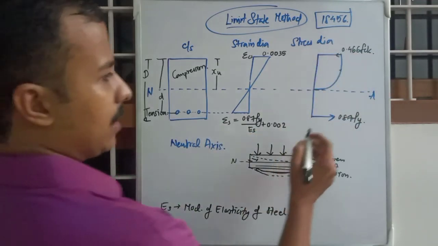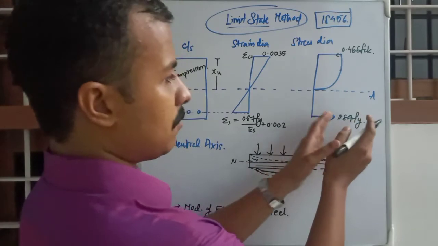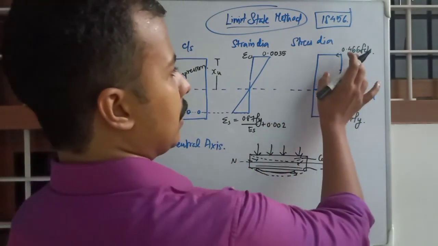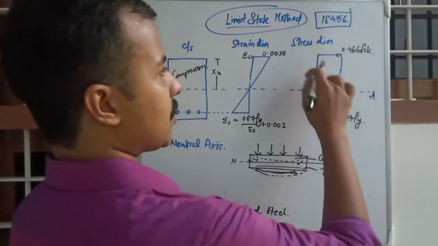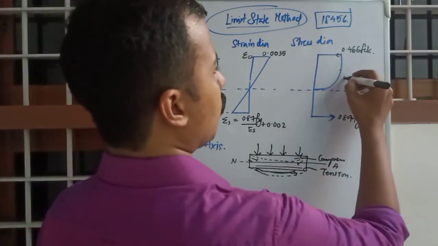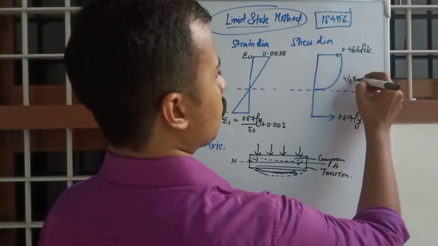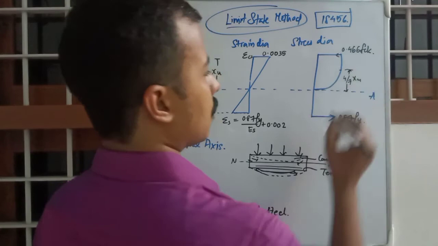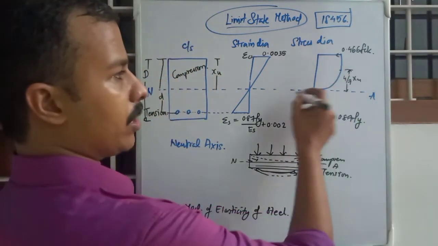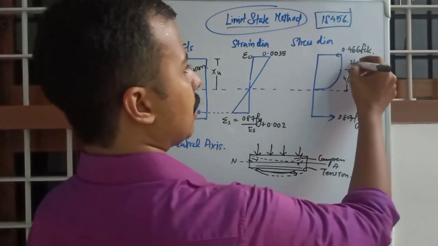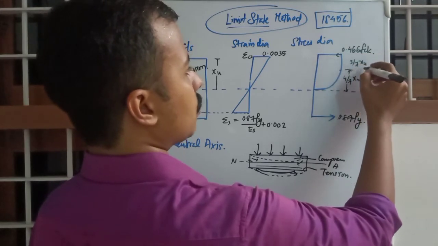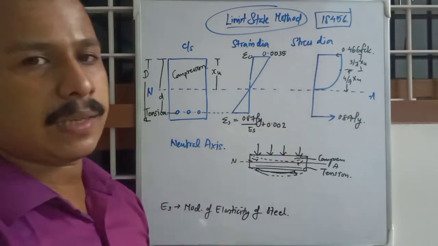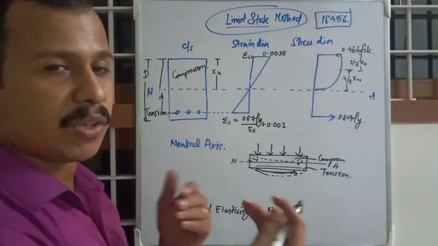Okay, and as you know, this is a single line, so this will be an isolated point. You can just take it as that. But here, there is a situation: 4/7 XU of this distance will have a parabolic shape, and the remaining 3/7 XU will have a rectangular compression action.